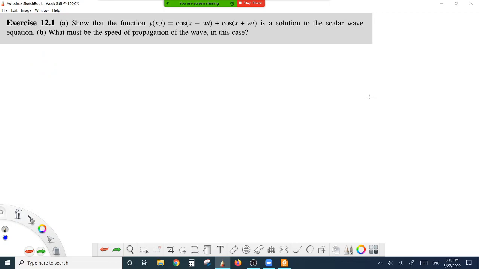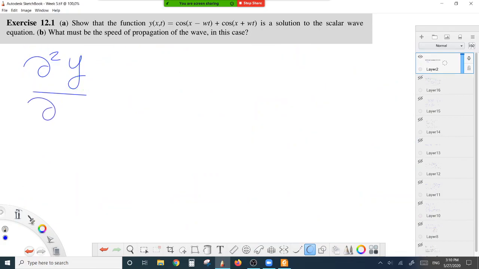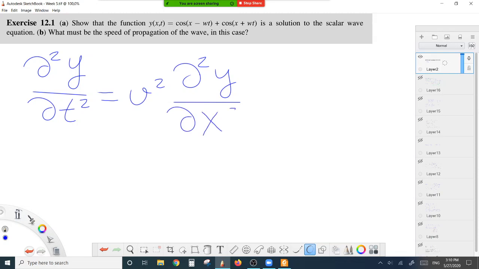Just for the reminder, I will write the scalar wave equation, which is d squared y over dt squared equal to v squared d squared y over dx squared.